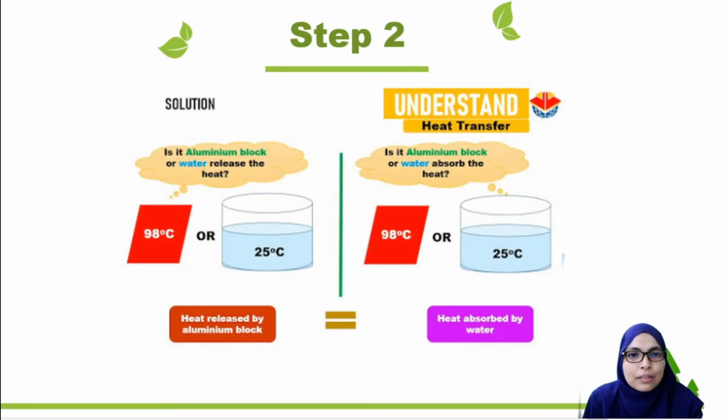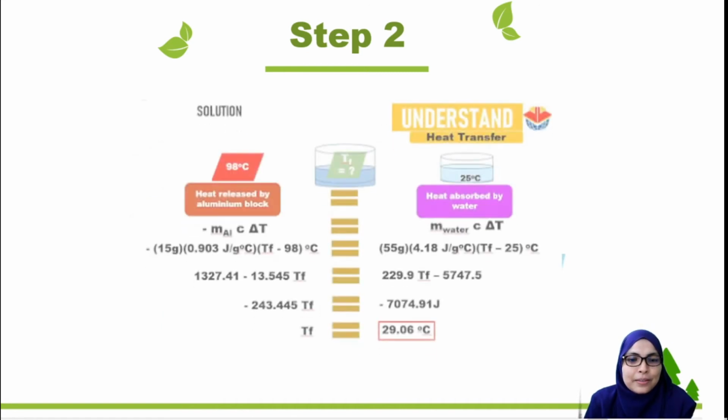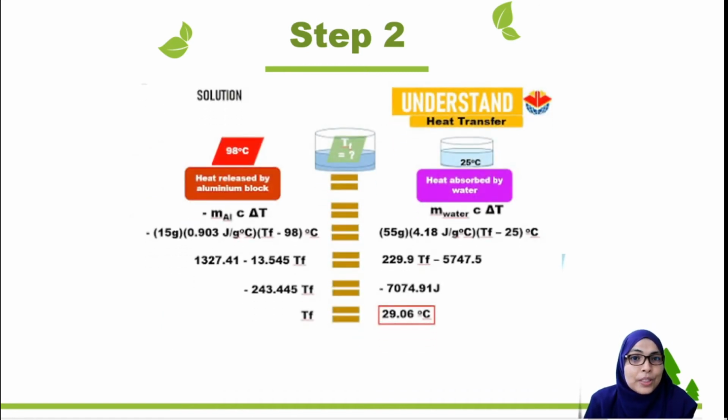Based on the heat transfer concept, students should be able to visualize that the heat released by the aluminium equals to the heat absorbed by water. This will help them understand the concept. Based on the visualization and understanding, they should be able to answer the question and give the final temperature.